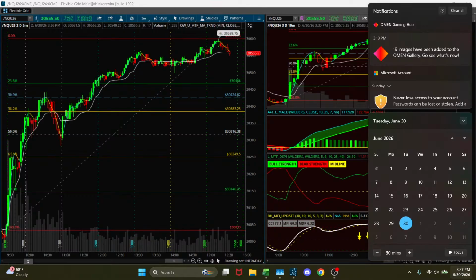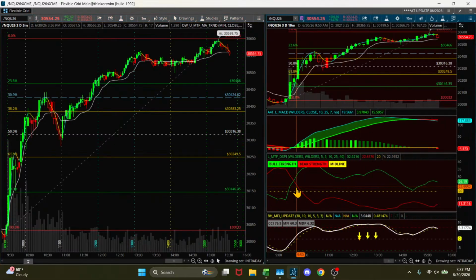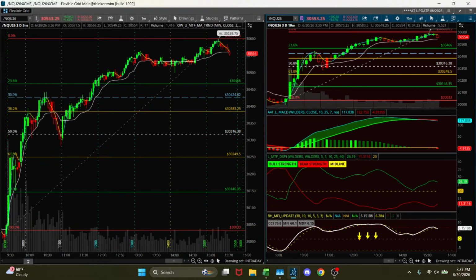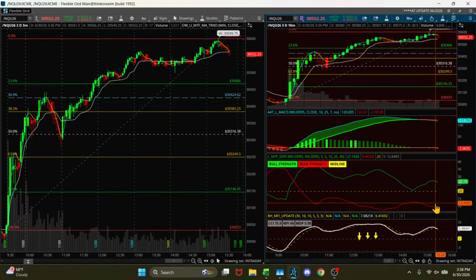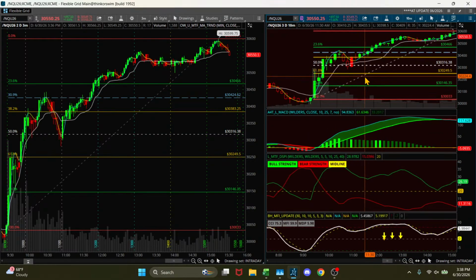We really only have 23 minutes until the market closes. There's an additional 15 or so minutes to trade the ETF QQQ or SPY. We're seeing a slight sell pressure when we look at the 10-minute here.